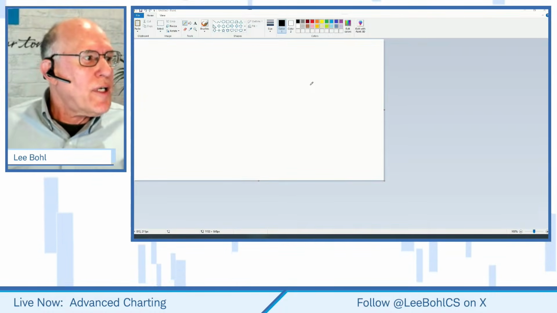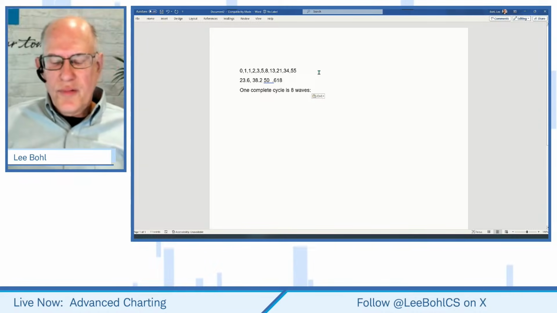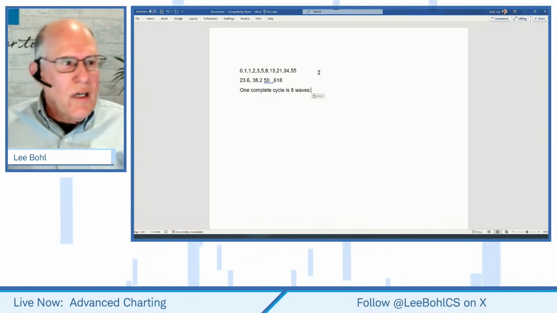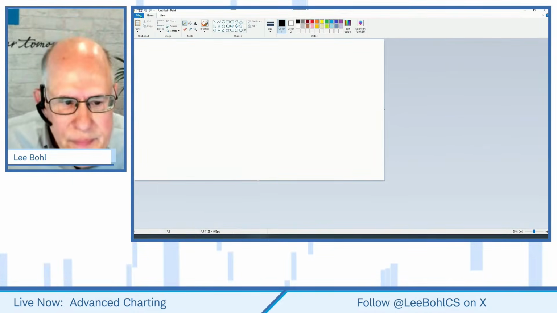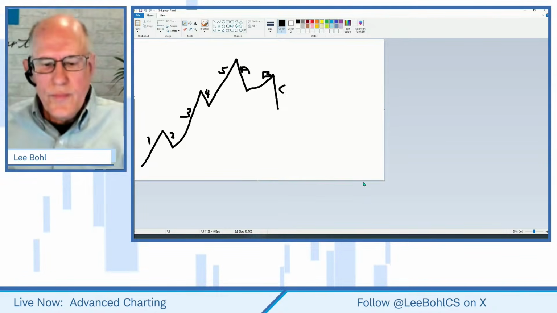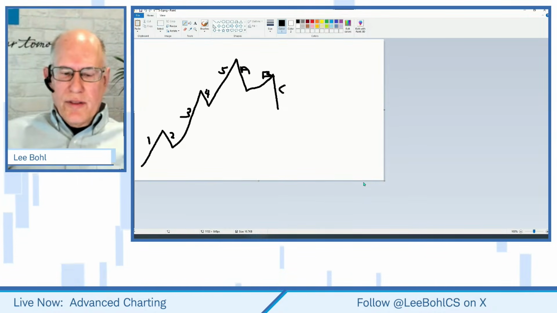And I'm going to show you that here. All right, so one complete cycle is 8 waves. What does that look like? This would be a typical 8-wave cycle.